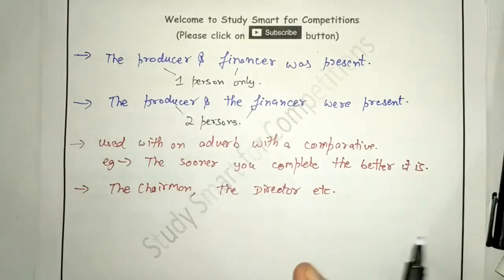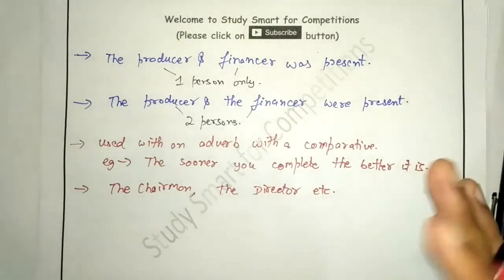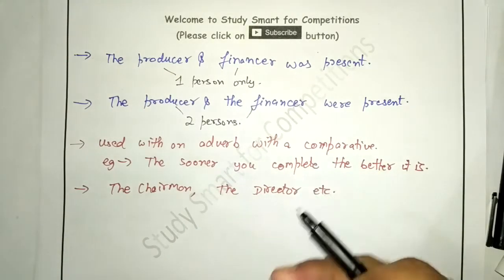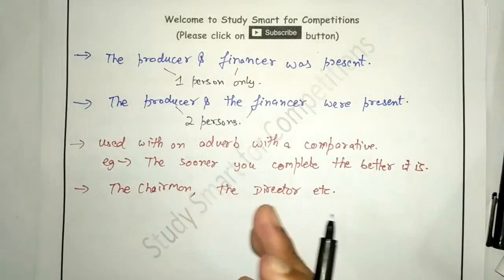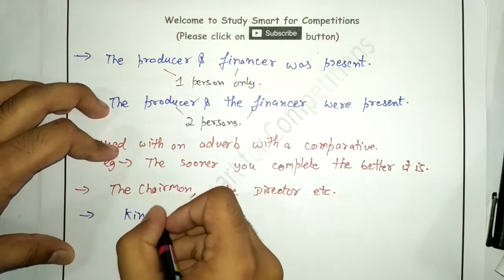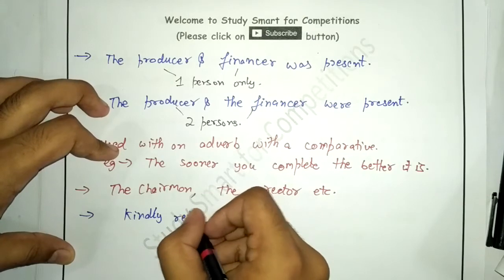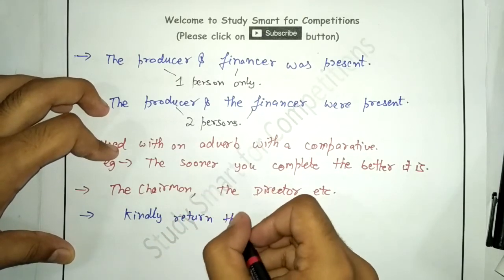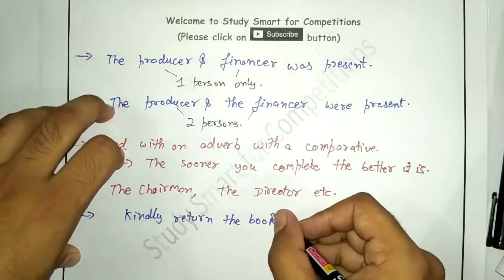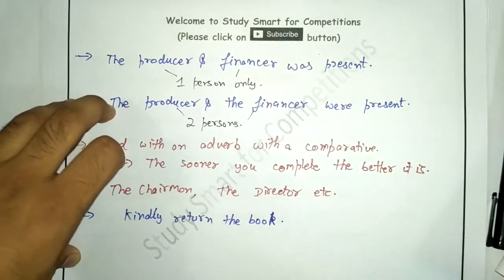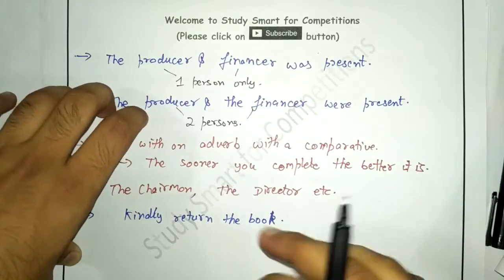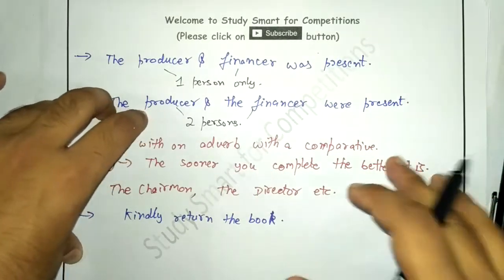It means the light of the specific room you are already in. Like, kindly return the book. Even if I do not specify, it automatically means the book that has been given to you. We use the, which makes that book specific.